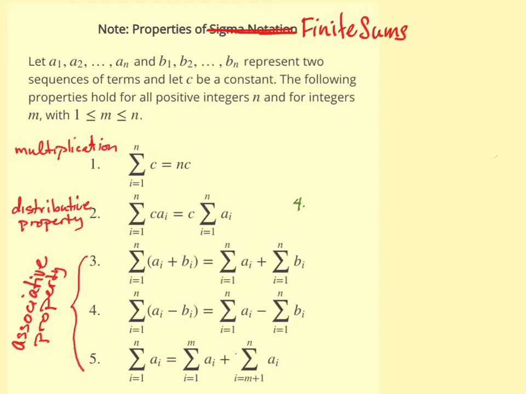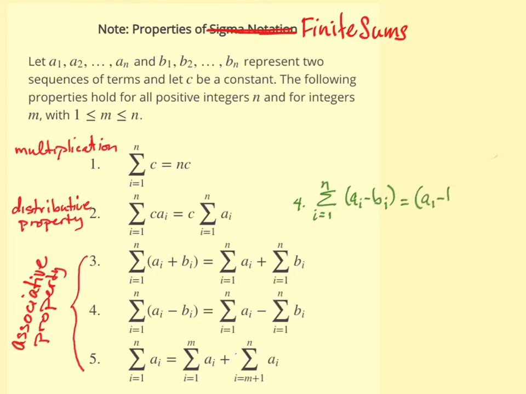Let's look at the fourth property, number 4. That one is the sum as i goes from 1 to n of a_i minus b_i. So it's a sum. It has n terms in it, but each of the terms is a difference, a_i minus b_i. So let's write out what it looks like.